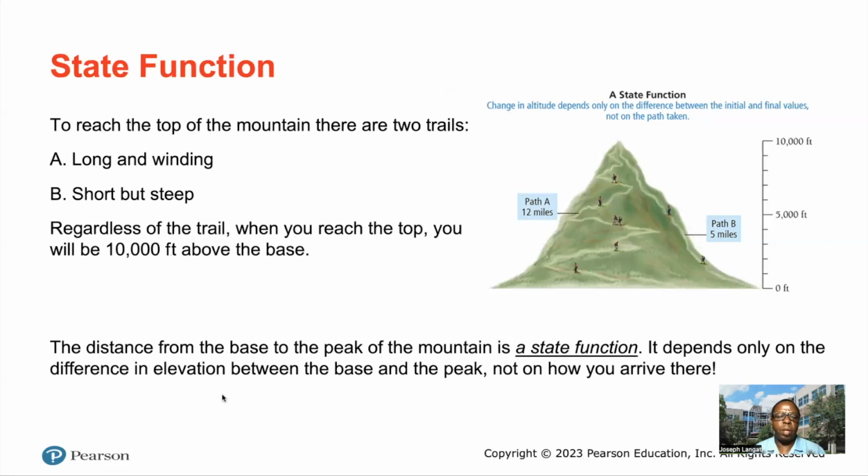It only depends on the difference in elevation: final minus initial altitude is 10,000. But how we got there doesn't really matter. We can take either the long route or the short route, regardless of the trail. When you reach the top of the mountain, you will be 10,000 feet above sea level.